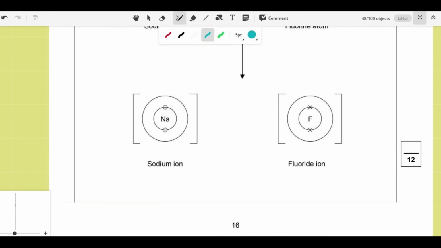Obviously the charge would be positive here and negative here, and it would be 8 here and 8 as well. Because sodium contains a total of 11 electrons, the outer electron is donated to the fluoride. So due to loss of an electron, the sodium gets a positive charge, and due to gain of an electron, the fluoride contains a negative charge.